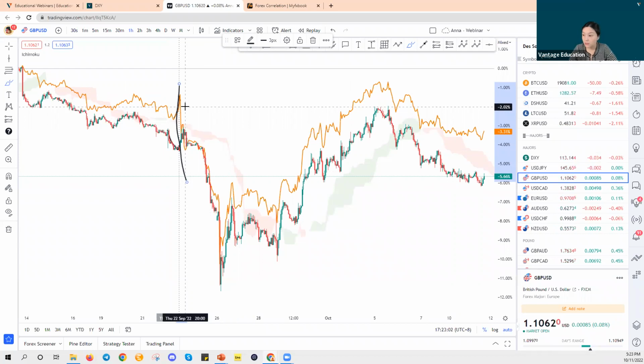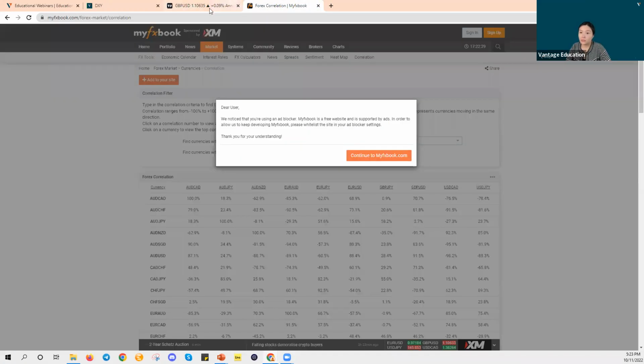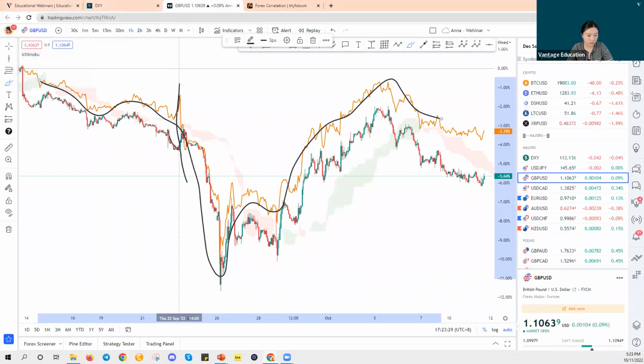It might be a Japan interest rate intervention, or a USD intervention, or whatever it is. There must be news somewhere here. That's why there is a negative correlation, but usually it moves in tandem. So if you ever see an outlier, you don't have to worry. Most likely it is an announcement or big news. Okay.